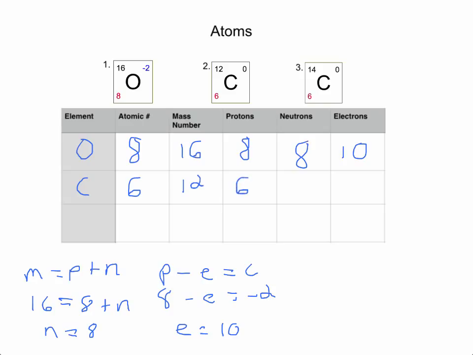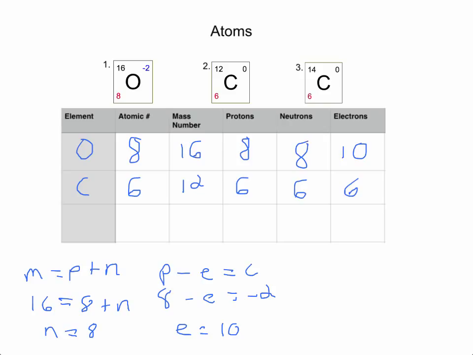They're the same as the atomic number. Neutrons, 12 minus 6 gives us 6 neutrons. And then for the electrons, because we have a charge of 0, 6 minus 0 is 6. Whenever you have a charge of 0, you know that the number of protons equals the number of electrons.